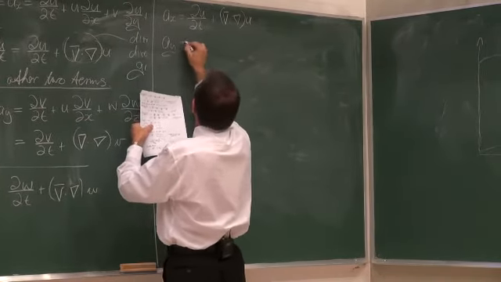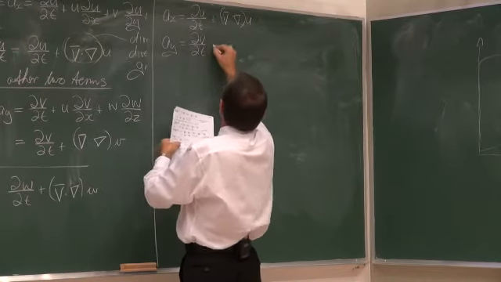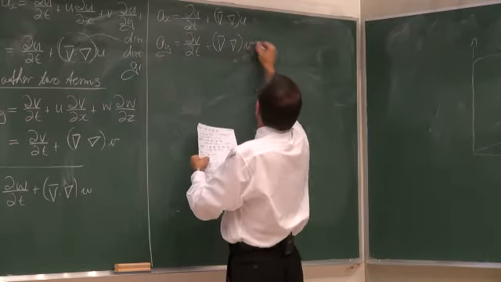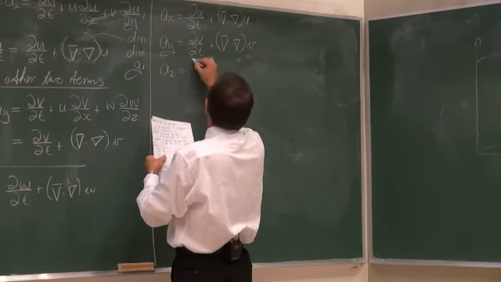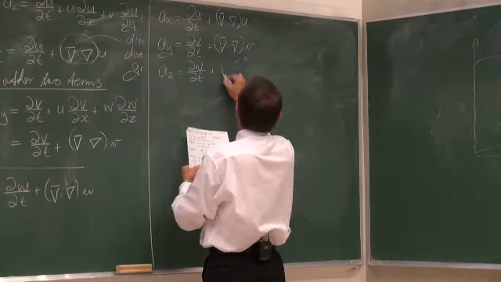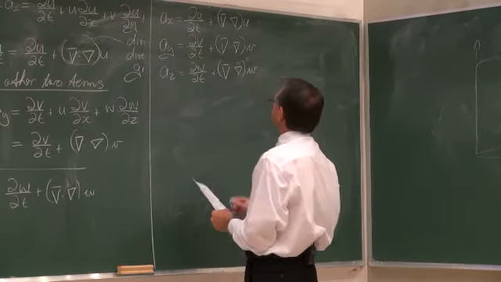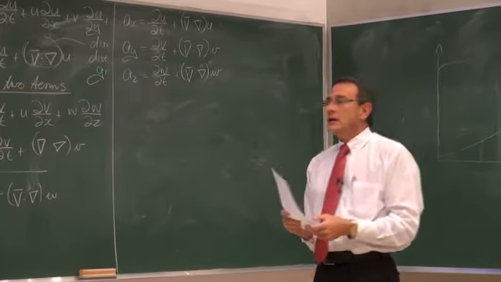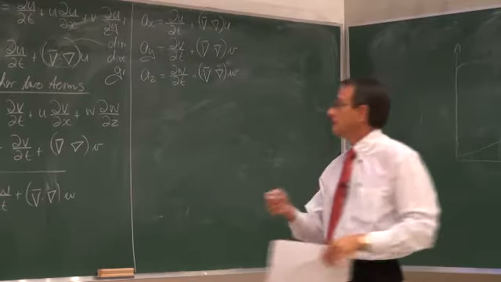The acceleration in the y direction is equal to partial dv dt plus the gradient of v, and in the z direction it is equal to partial dw dt plus the gradient of w. Now we sum it as one vector.